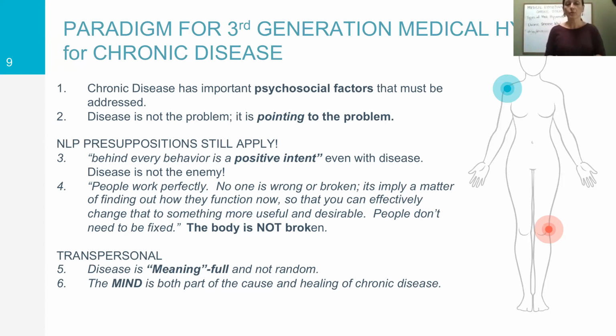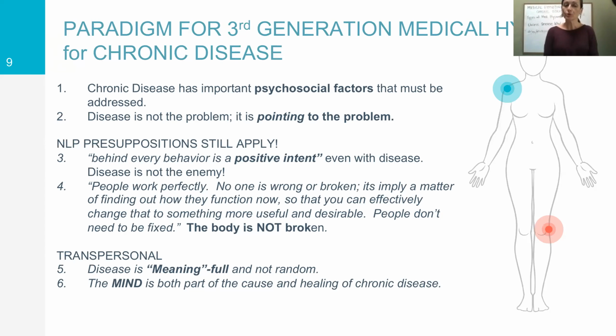The other NLP presupposition that I pulled out, because this was another one that's going to really require a shift, is that people work perfectly. No one is wrong or broken. It's simply a matter of finding out how they function now so that you can effectively change that to something more useful and desirable.